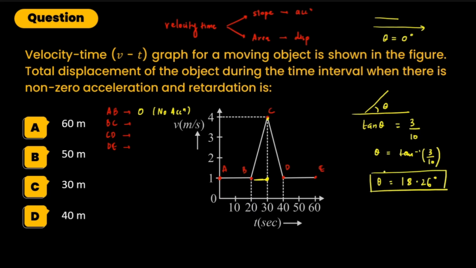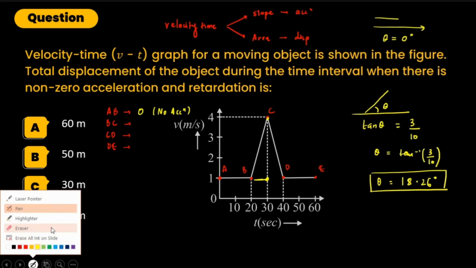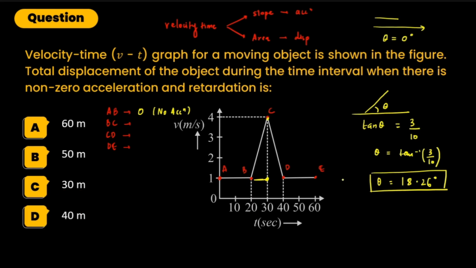So this angle shows that there must be some acceleration. If theta is positive and less than 90 degrees, or you can say if it is an acute angle, then this will give us acceleration which is going to be non-zero, positive. So for non-zero acceleration, we got our point. It is going to be point B. B is the point which will give me non-zero acceleration.